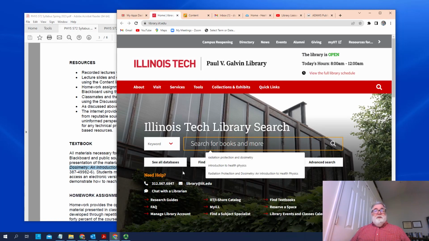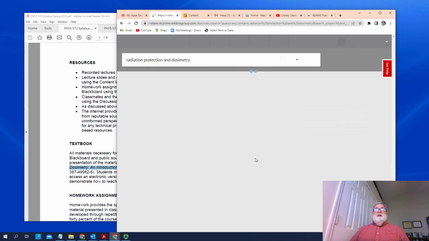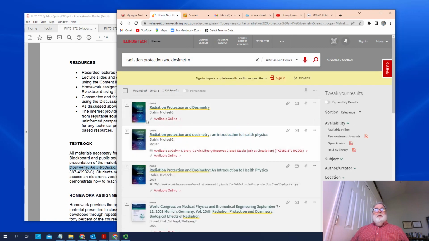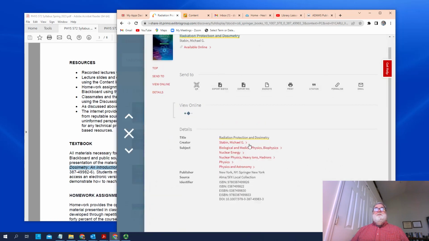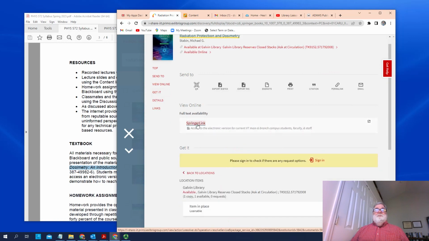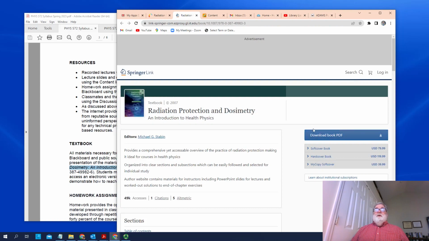And so if I put in the search the title of the book and click return, it shows me that it's available as an ebook. So if I click, I see it online in Springer Verilog. If I follow the link there, it tells me I can download a PDF of the book.